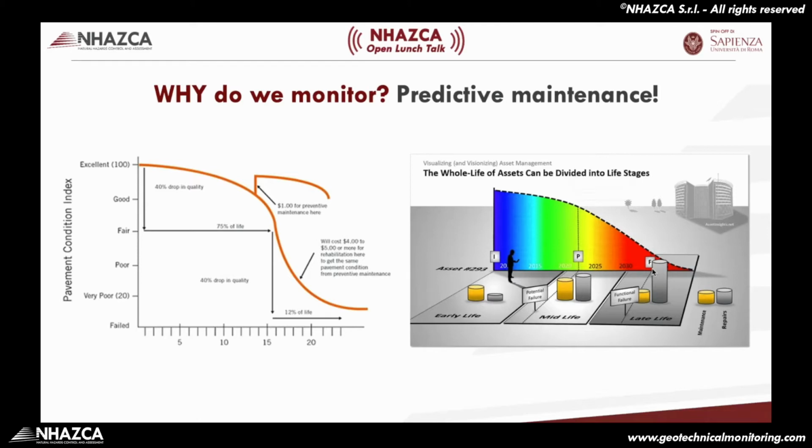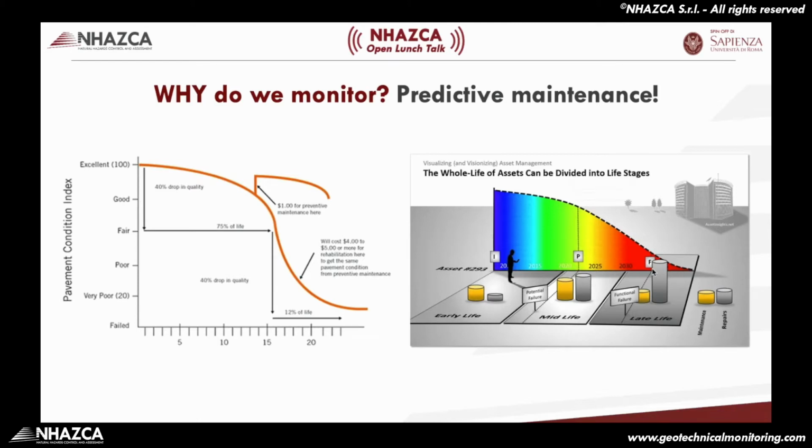And it's quite obvious in any case that the cost of maintenance is several times lower than the cost of repairing a failure. So this is what, in the last years, I realized is much clearer also to asset managers. And so that's, in my view, something very important that we must stress in the future.